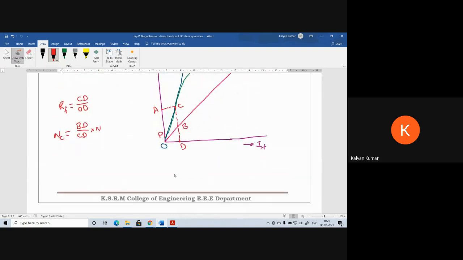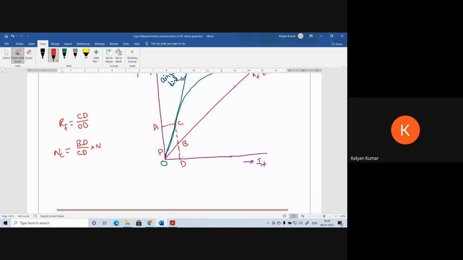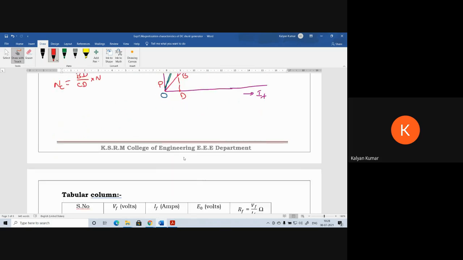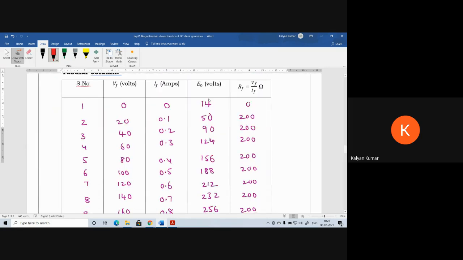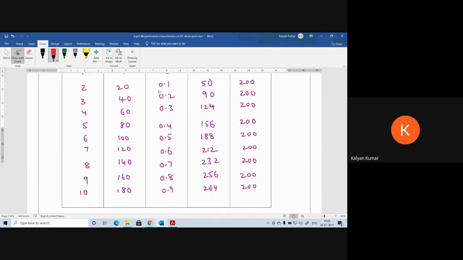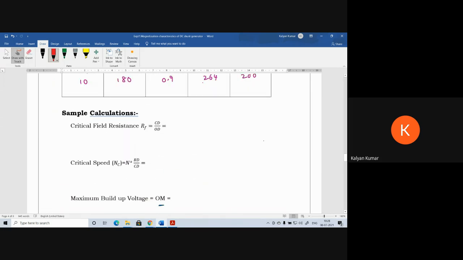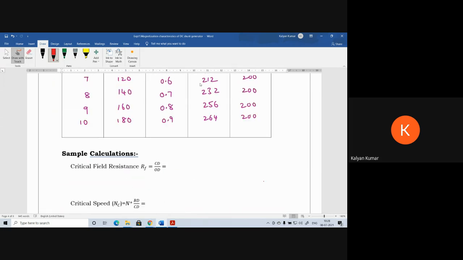Now, for example, if I take the field current as 0.2 amps or 0.1 amp, then at 0.1 amp the OCC induced EMF is 50.